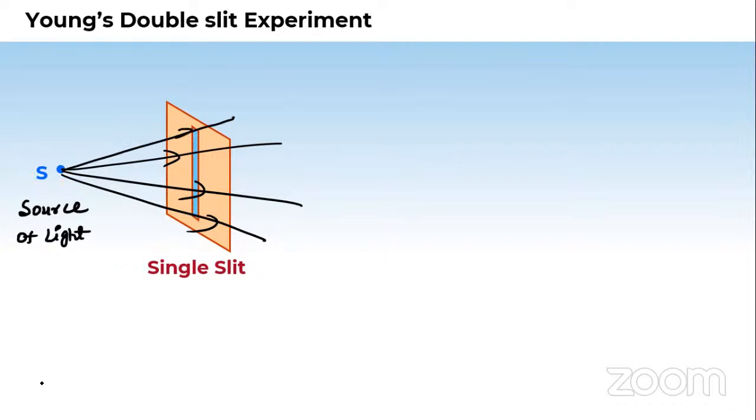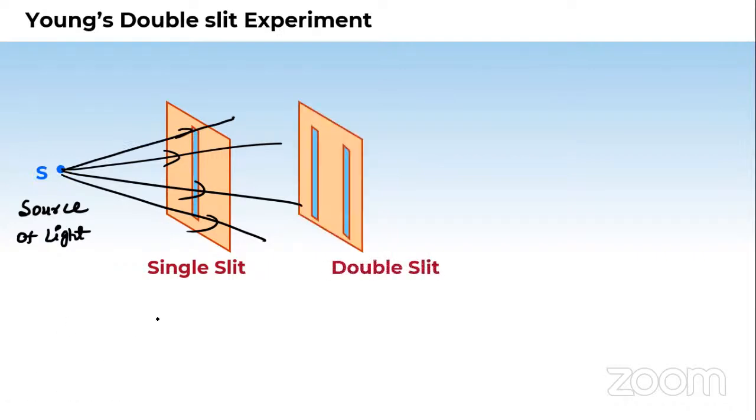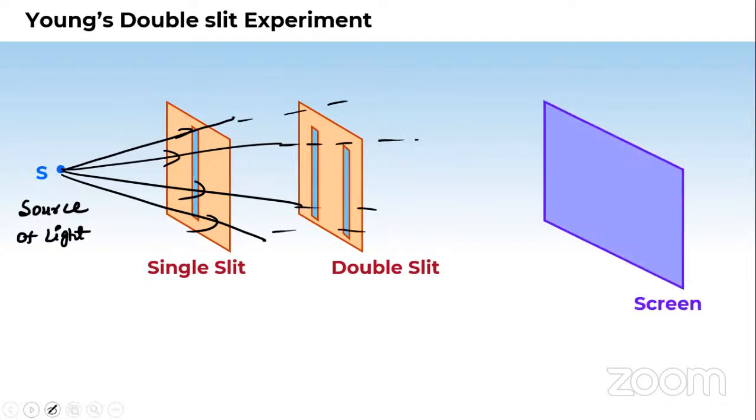Next, there is another double slit, and light rays pass through that also. In front of that double slit, there is a screen at distance d. So this is a single slit here, this is a double slit here, and this is a screen at d distance.